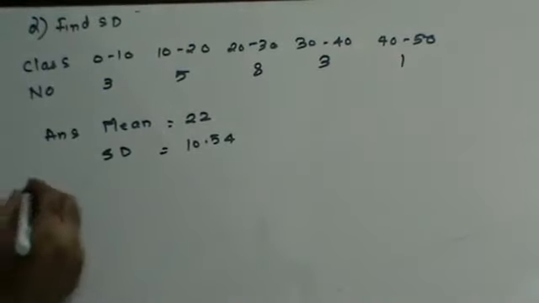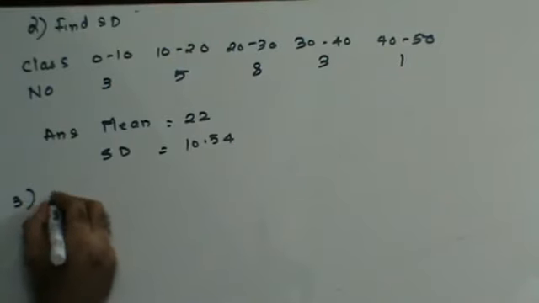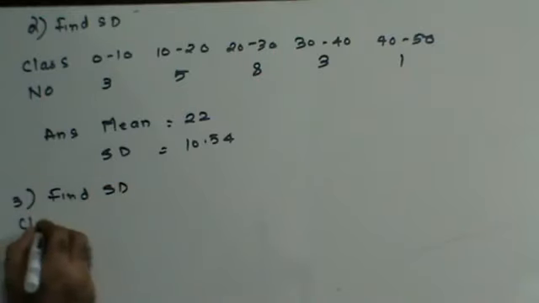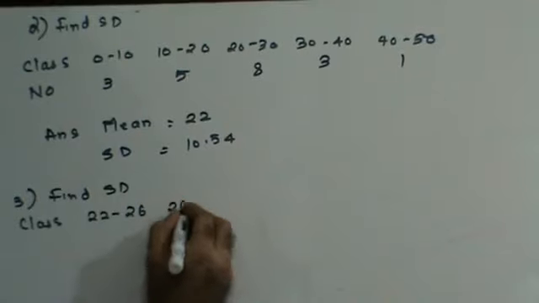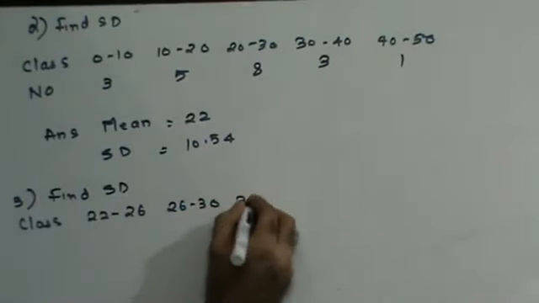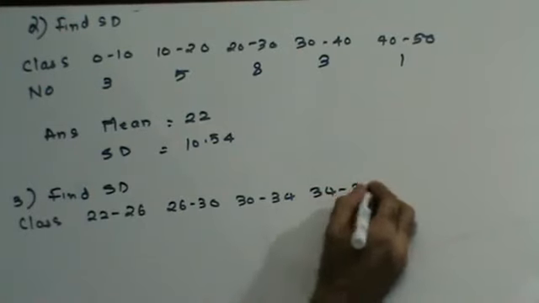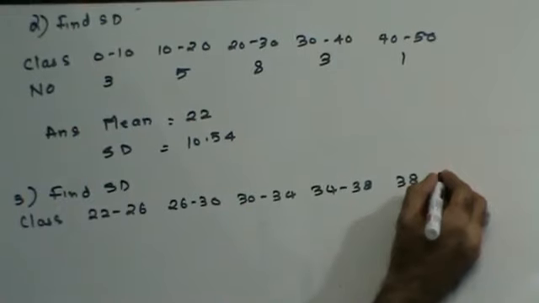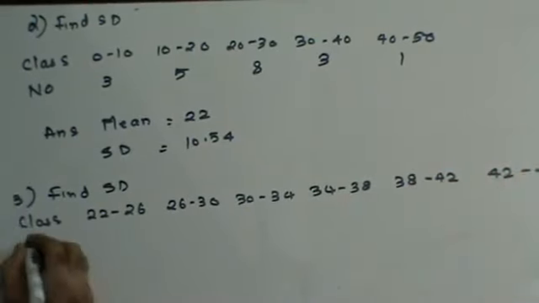Right? Let's give you another sum, guys. Same kind of sum. Find standard deviation. The class interval is 22 to 26, 26 to 30, 30 to 34, 34 to 38, 38 to 42, 42 to 46, right?